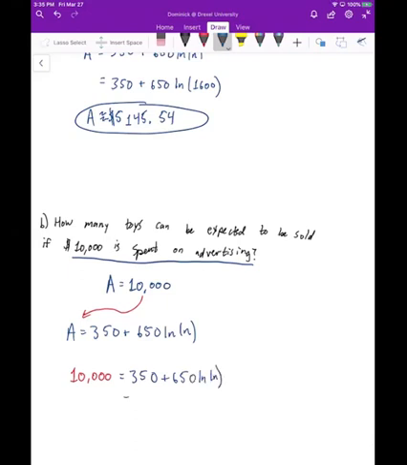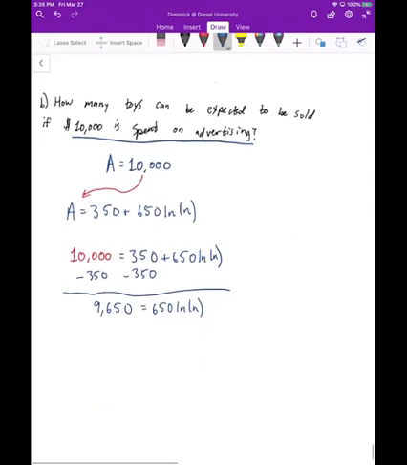So we can subtract 350 from both sides, and that will give us 9,650 is equal to 650 ln of n. Next we can divide both sides by 650. Let's see, does that work out nicely?